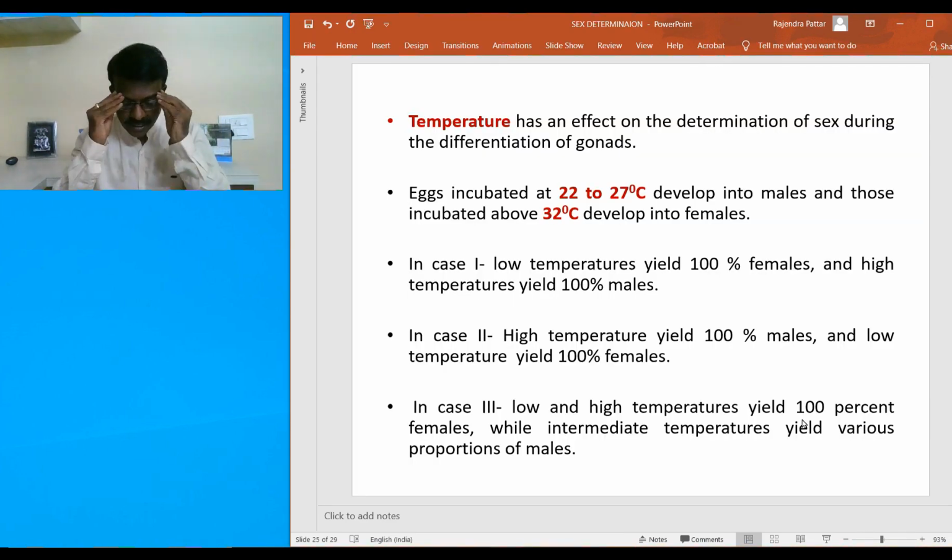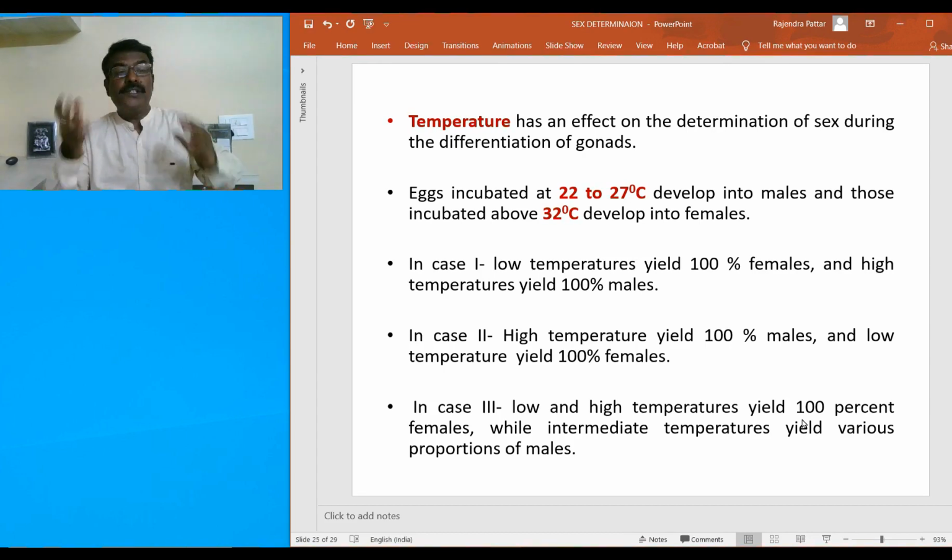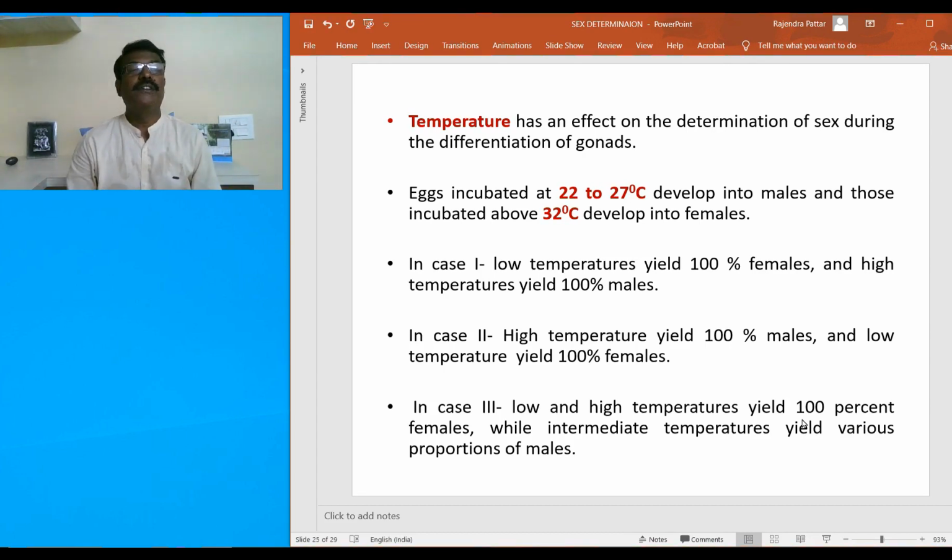In certain reptiles, temperature plays an important role in changing the sex of the individual. Turtles, tortoises and crocodiles are reptiles. These are the first completely terrestrial vertebrates.